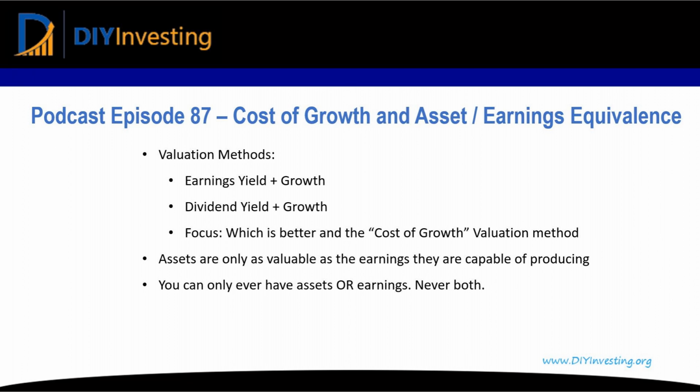If you fail to account for this cost of growth, it will lead you to overvalue growth companies, because what you might do is say, I get this fast-growing company, 10%, plus I get their dividend, plus I get the retained earnings. And that's a problem because now you're double counting. Instead, you need to take into account that those assets being retained on the balance sheet are being used to grow the company.